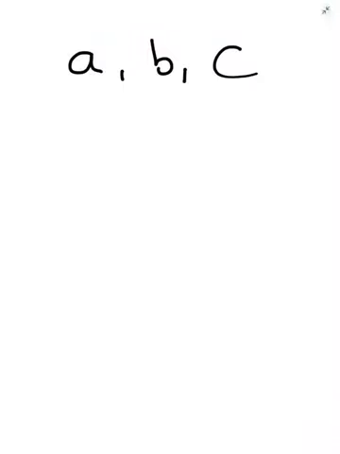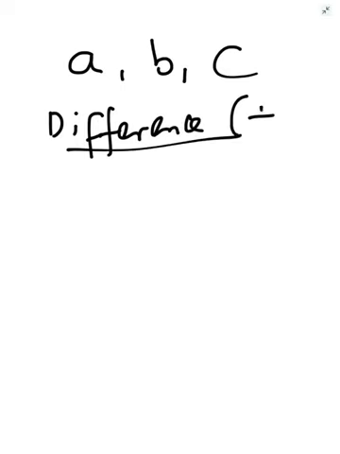We are given only 3 numbers A, B, C. So what I will do, first find the difference, and the difference has to be positive, of 2 numbers at a time.